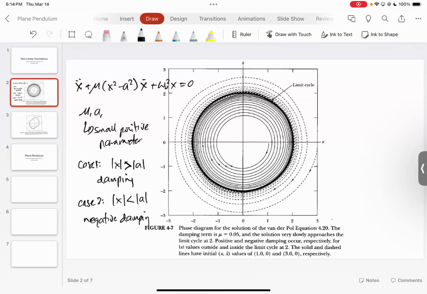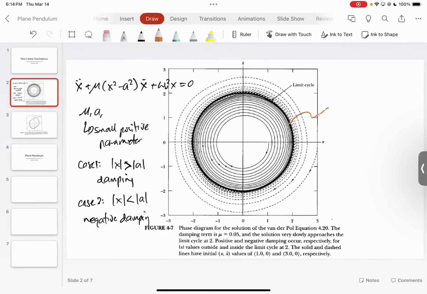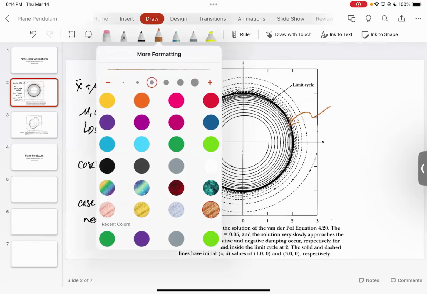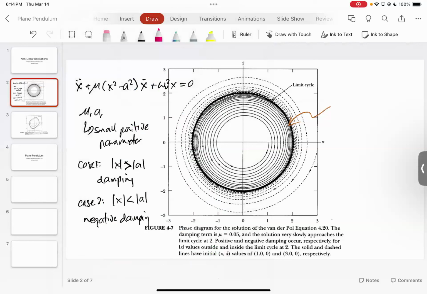Looking at this, the dark part of the circle is where the absolute value of x equals a. And that is the behavior we studied before. We call that the limit cycle. So it just goes around like that.